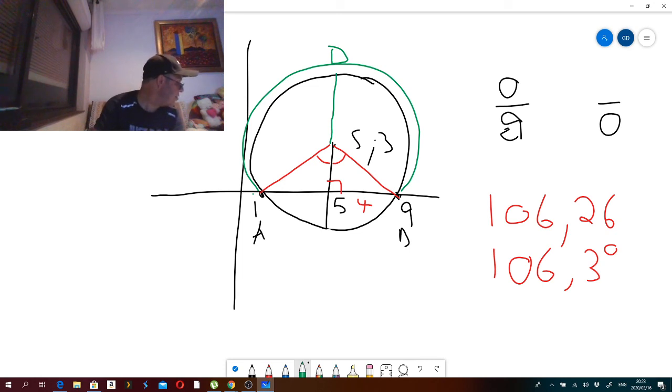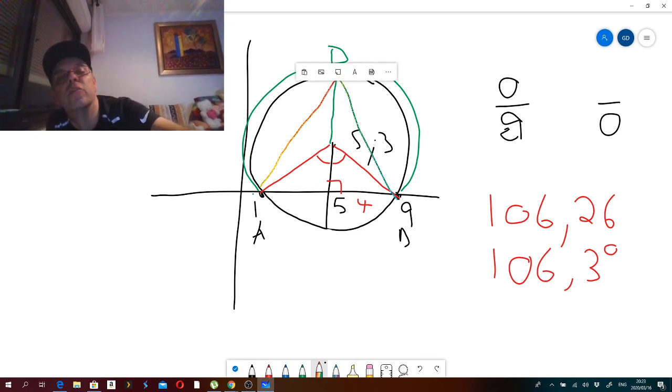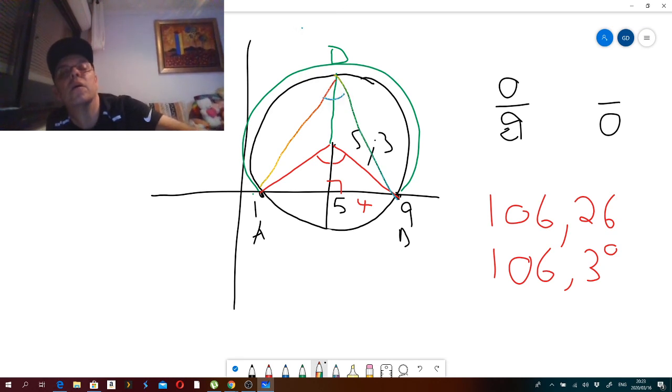And it says find the coordinates of D, and hence find the angle subtended at D by the minor arc. Okay, in other words, we've got to firstly find that point, and then we've also got to find this angle over here. Does that make sense?